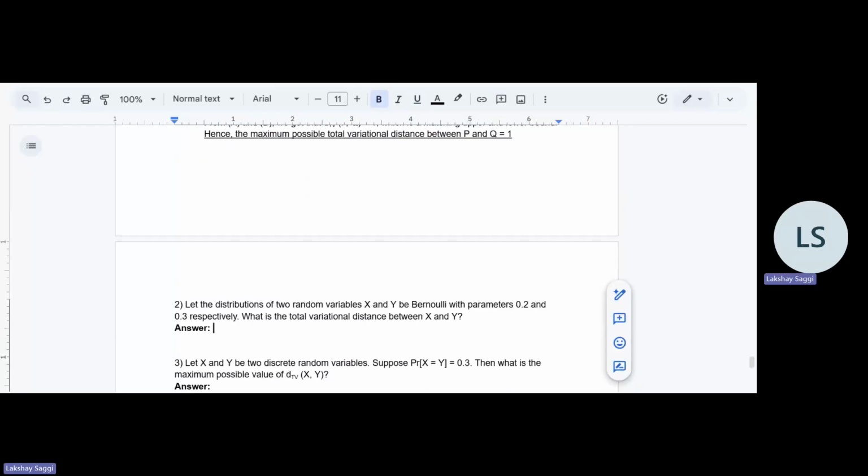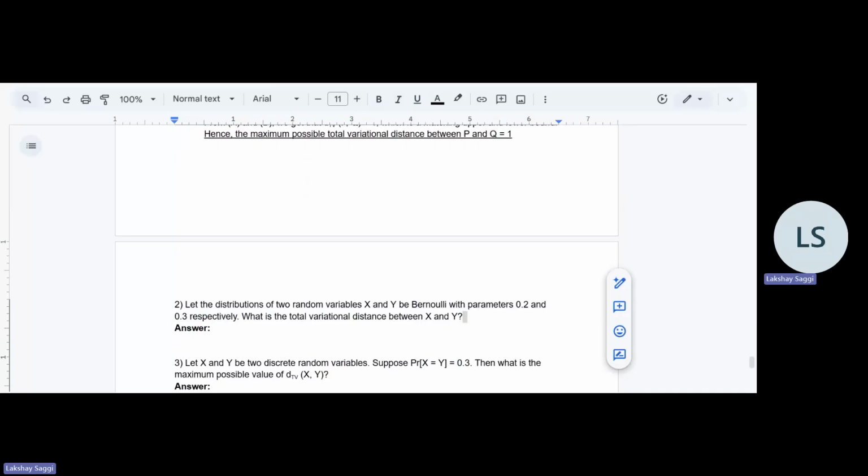So the second question is: let the distributions of two random variables x and y be Bernoulli with parameters 0.2 and 0.3 respectively. What is the total variation distance between x and y? I hope everyone remembers what a Bernoulli distribution is.